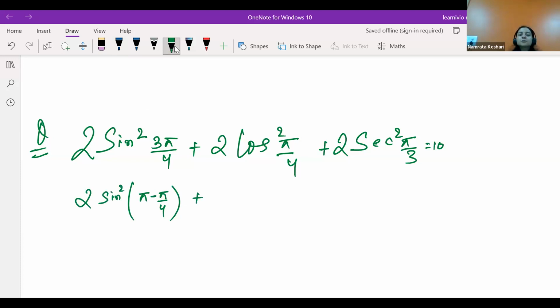Now cos pi by 4 means 45. Okay, you have to understand. So that angle pi by 4, cos pi by 4 value is 1 by root 2.